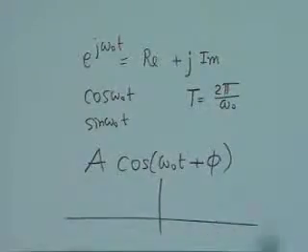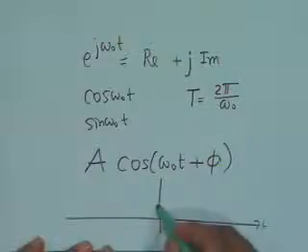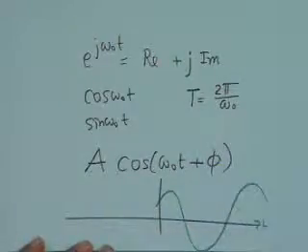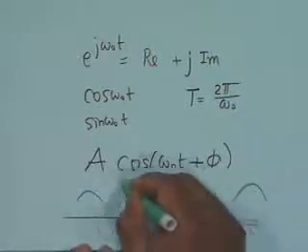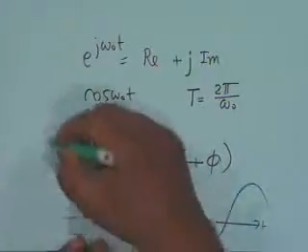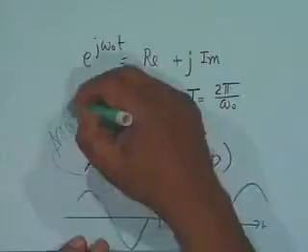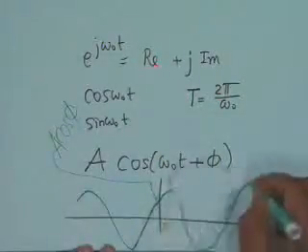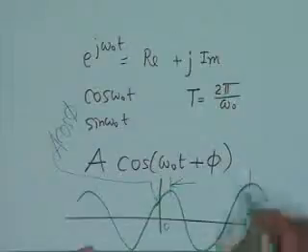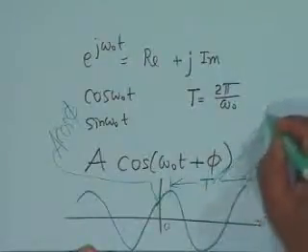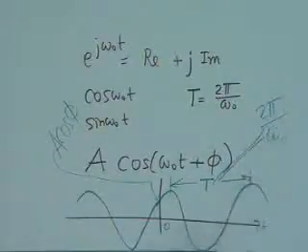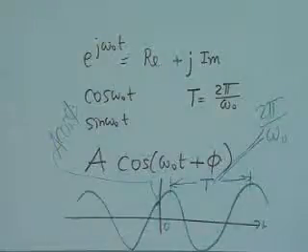This contains cosine omega 0 t as well as sine omega 0 t, and if you plot this versus t, you will have a plot like this and so on, where the value at t equal to 0 is a cosine of phi, where the distance between two peaks shall be equal to capital T, and capital T is equal to 2 pi over omega 0. This is the general sinusoidal signal.